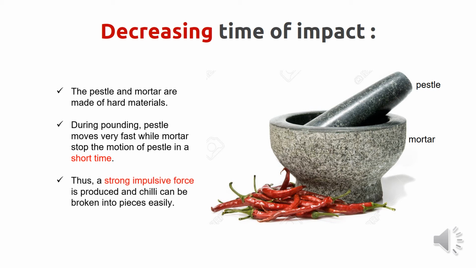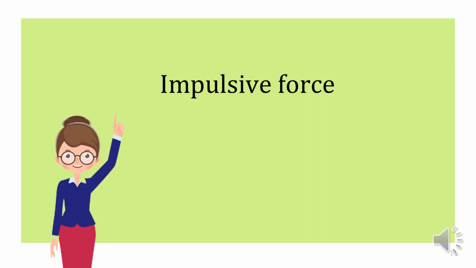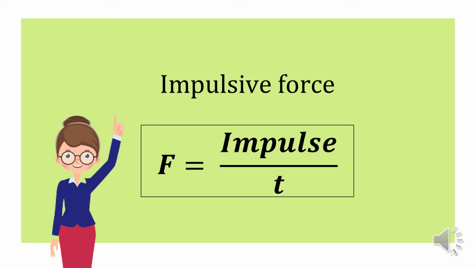Thus, a strong impulsive force is produced, and chili can be broken into pieces easily. Look at the formula of impulsive force. When the time is short, the impulsive force is strong. Now, we can conclude that the impulsive force, which is F, is inversely proportional to t, which is the time of impact.